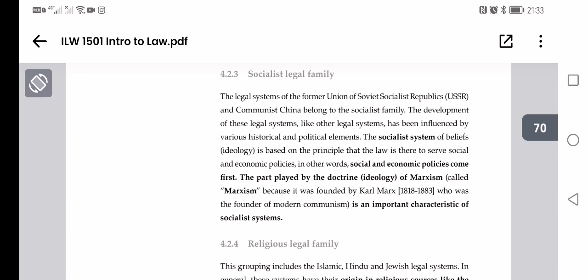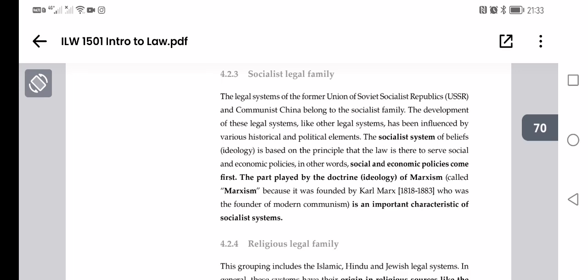The development of these legal systems, like other legal systems, has been influenced by various historical and political elements. The socialist system of beliefs or ideology is based on the principle that the law is there to serve social and economic policies. In other words, social and economic policies come first.